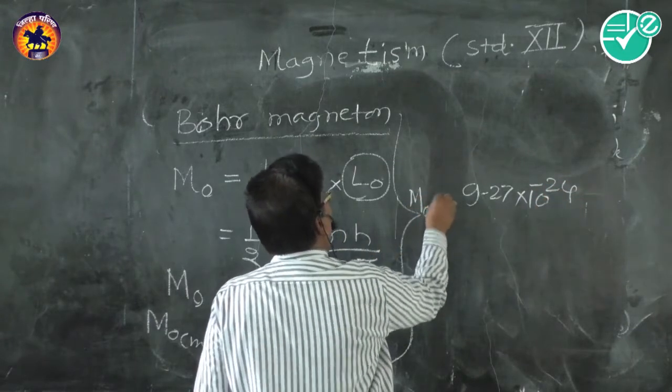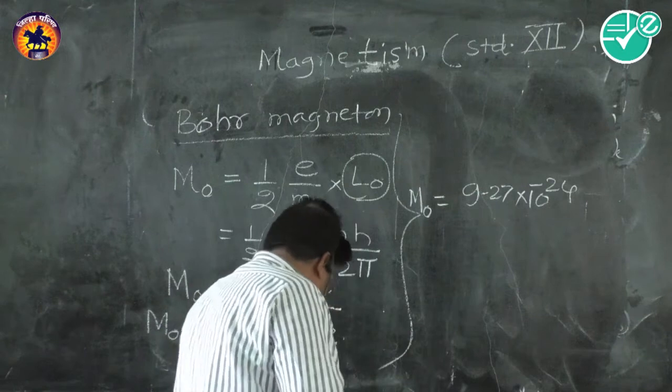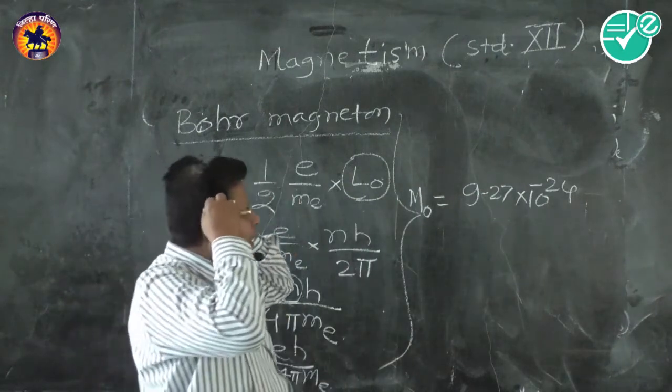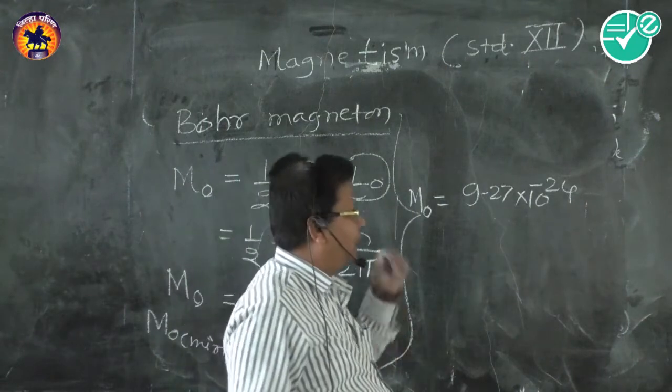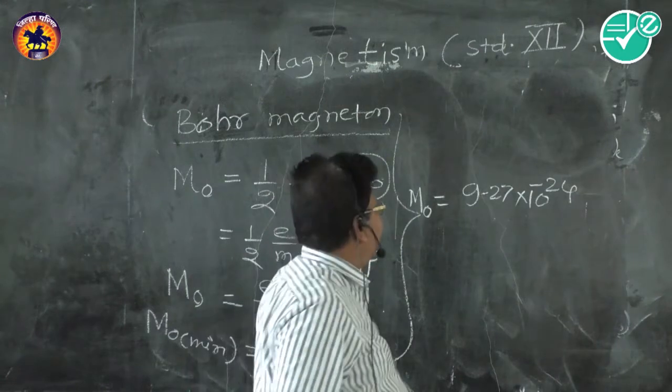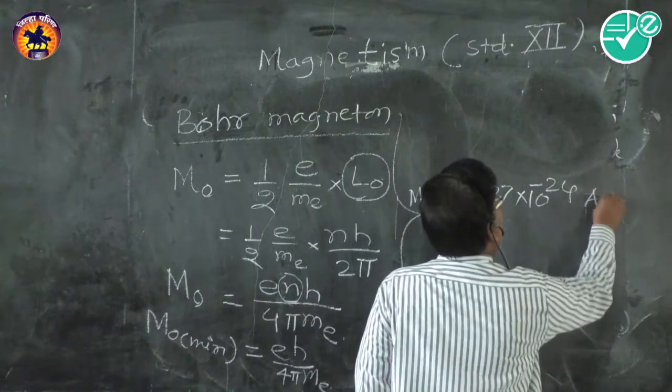So this is the value of Bohr magneton, which is 9.27 into 10 to the power minus 24 ampere meter square.